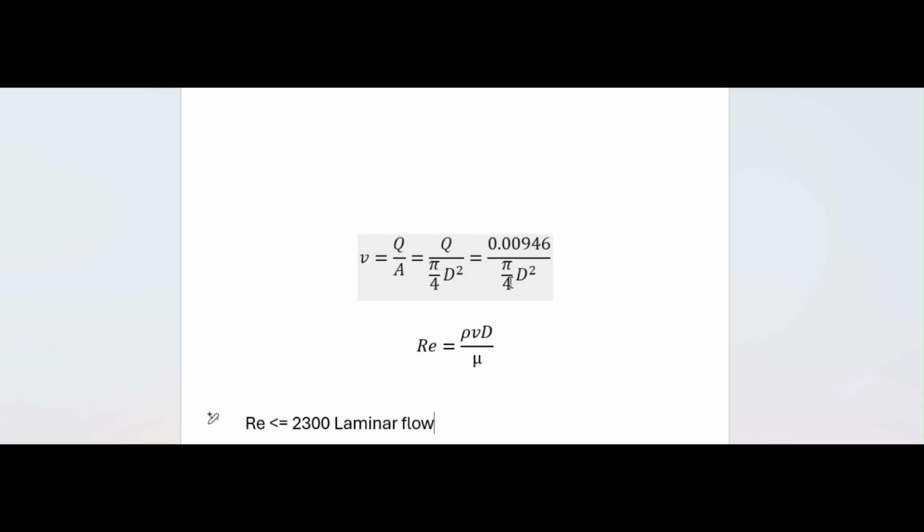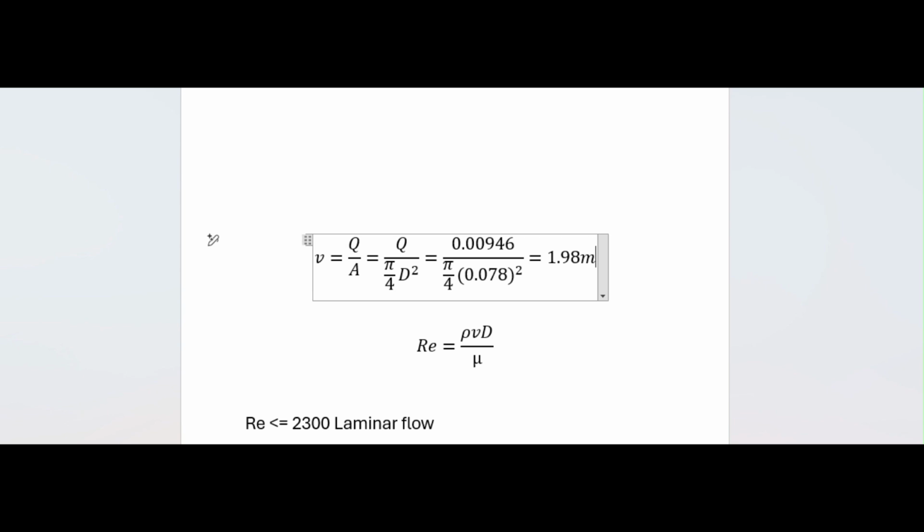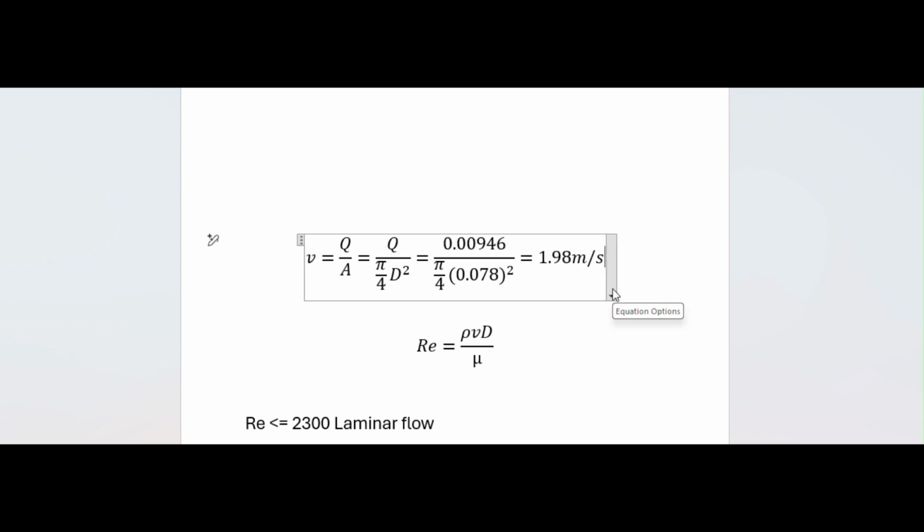And then you have the diameter, which we just said is 0.078. This should give you 1.98 meters per second. This is almost equivalent to 6 feet per second, which is actually really good.